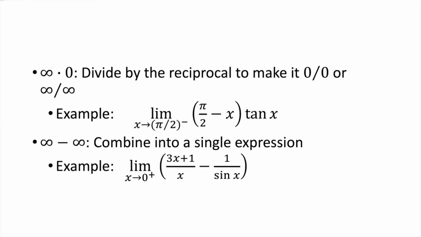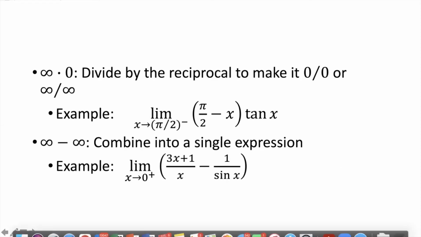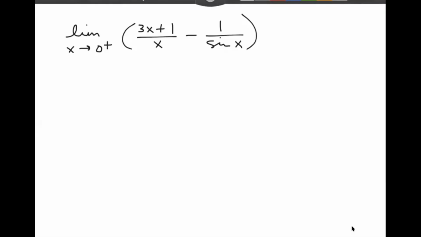And so the trick that usually works with this is to combine it into a single expression, which is what I'm going to do in this problem. So switching back to the tablet. We have the limit as x approaches 0 from the right of 3x plus 1 over x minus 1 over sine x.